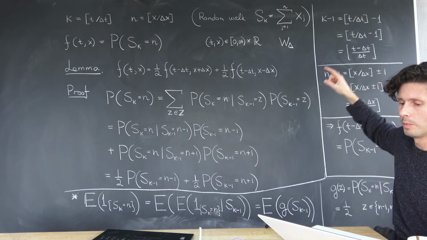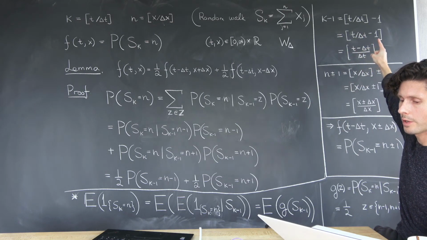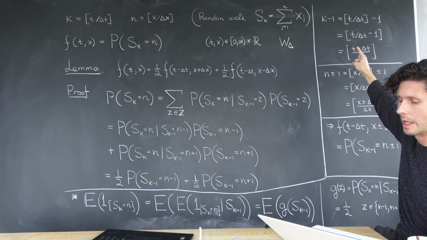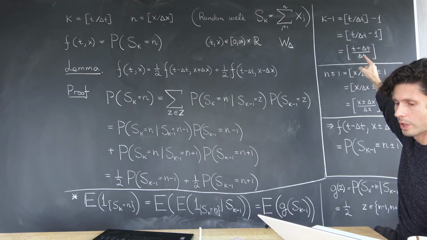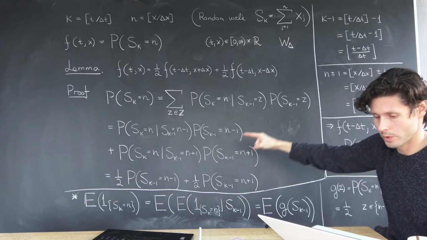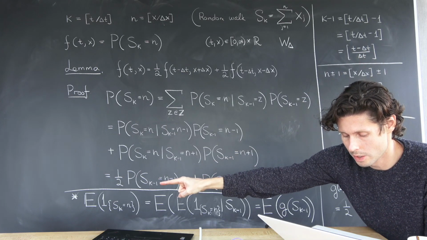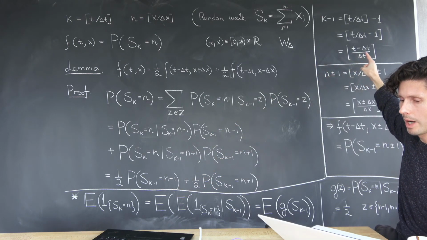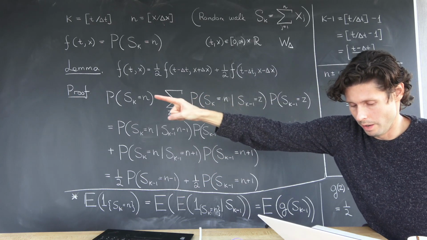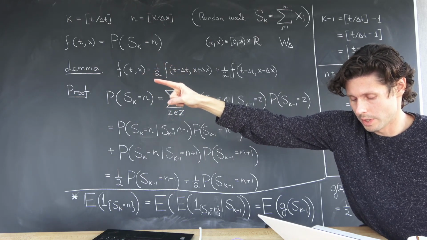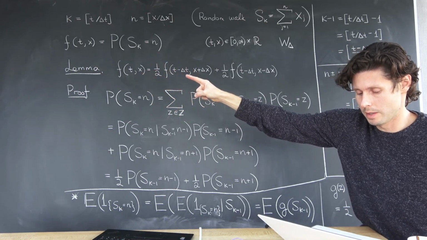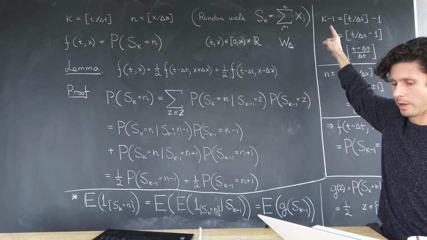So it shouldn't be too difficult to convince yourself that this 1 just slides into the integer part. And now I write it like this, which tells me that k minus 1, which is in both of these probabilities, is associated with the value t minus delta t. On this side, t was associated with k, which is t over delta t, and on this side I have t minus delta t, which is now associated with k minus 1.